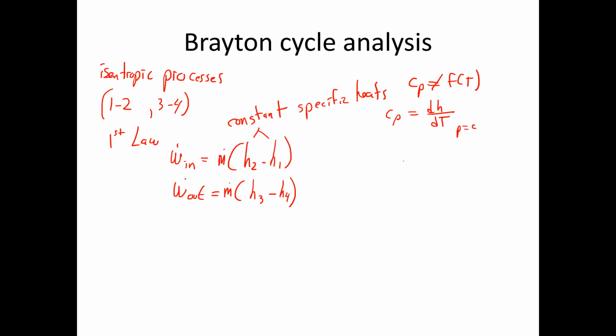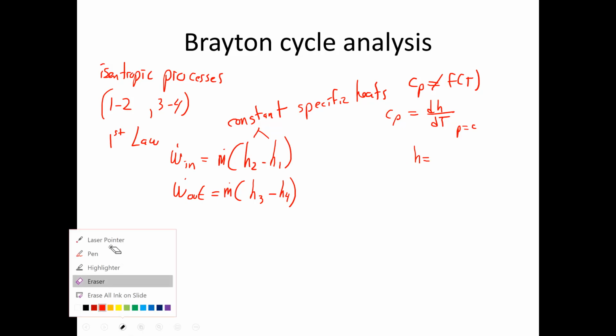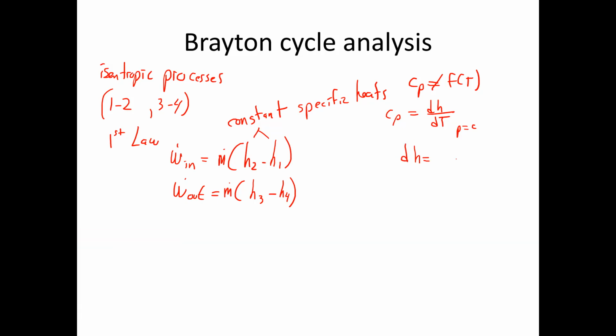So if you were to algebraically separate out the enthalpy, you would end up with dH is equal to Cp dT. And then if you wanted to compute what H was, you would have to integrate both sides.